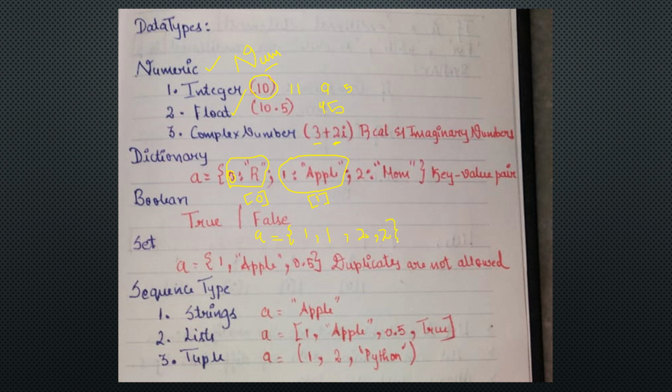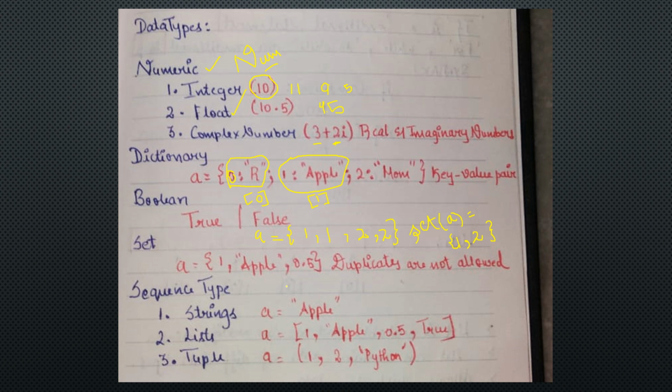Now if I ask Python to print the set of a, it is going to return only the unique values. I have two ones and two twos here, but Python returns only the unique values. So duplicates are not allowed in a set.